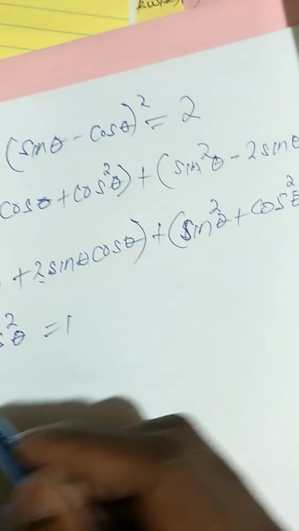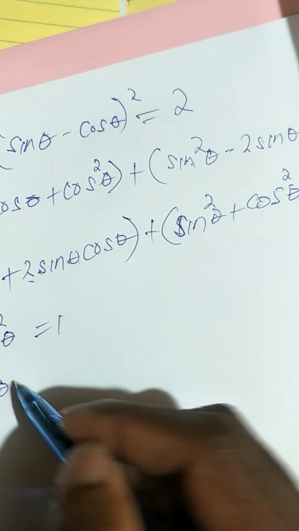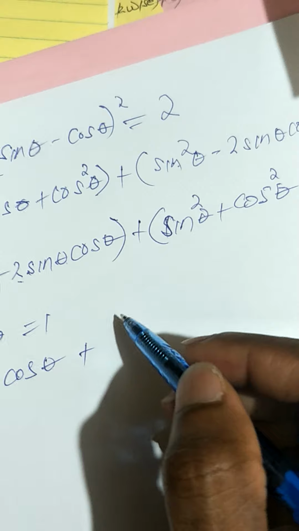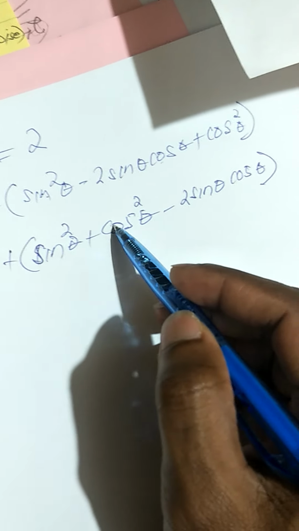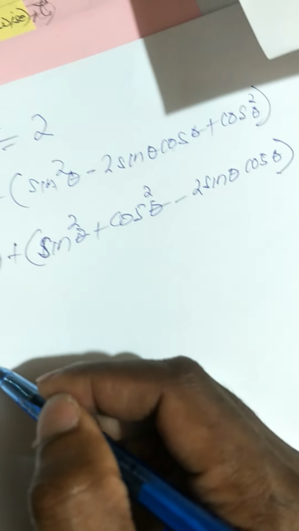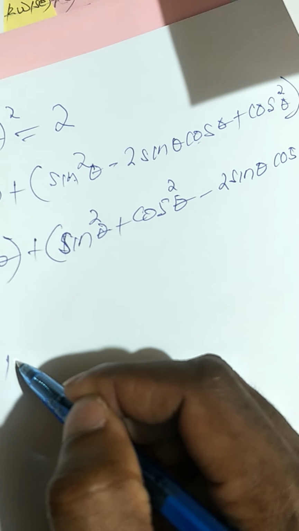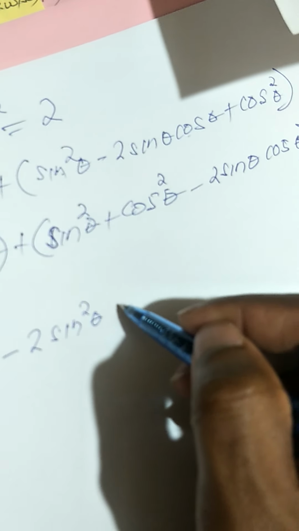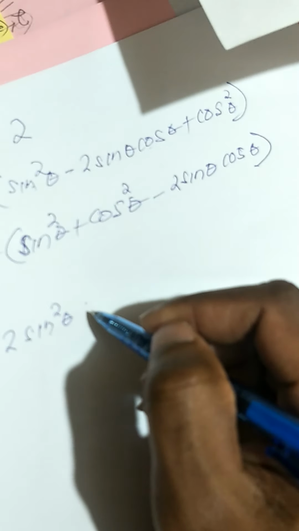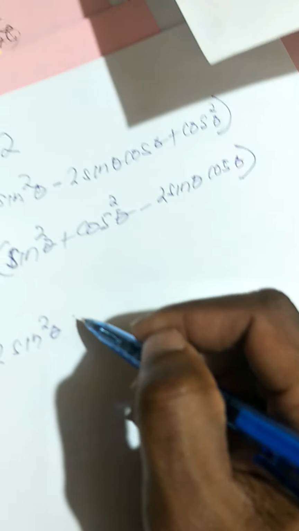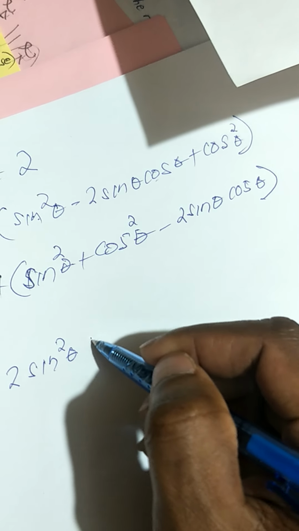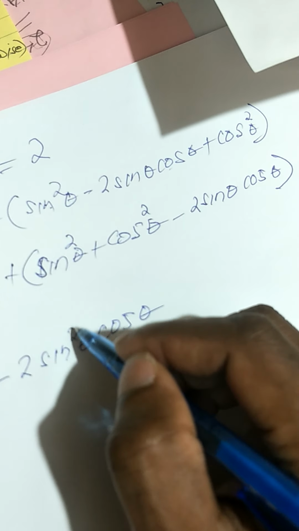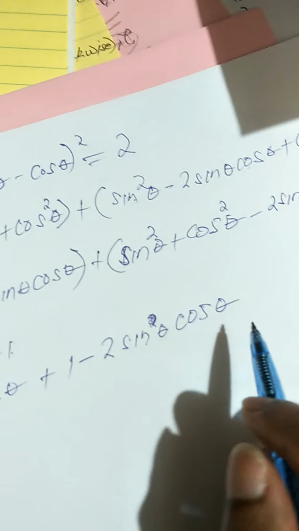Same here: sin theta squared plus cosine theta squared is equal to 1. So 1 minus 2 sin theta cosine theta.